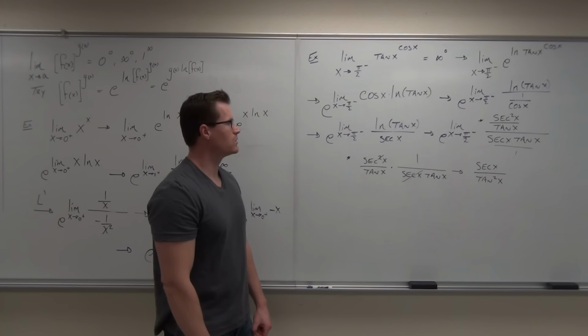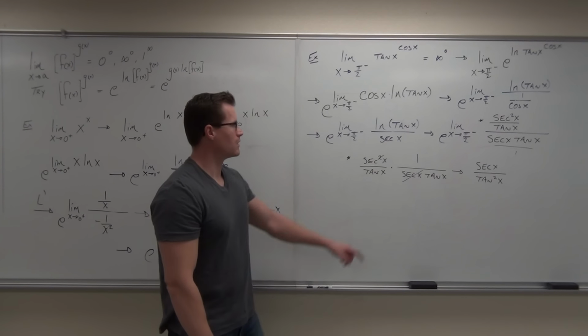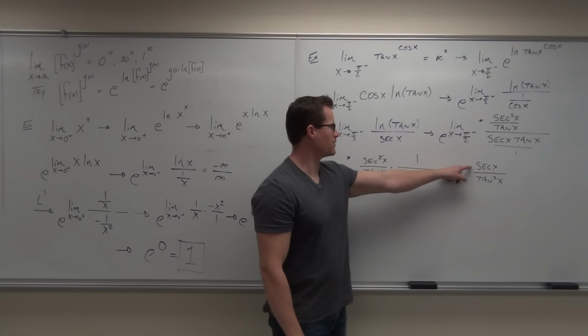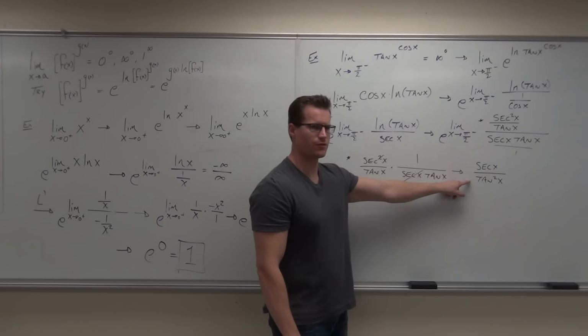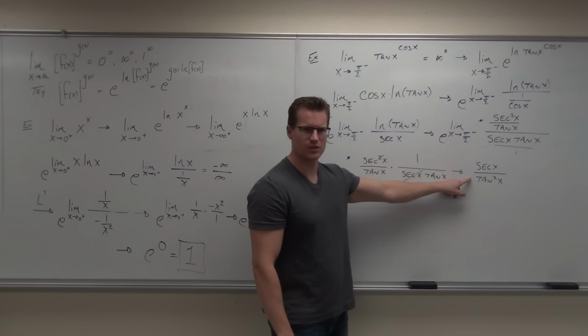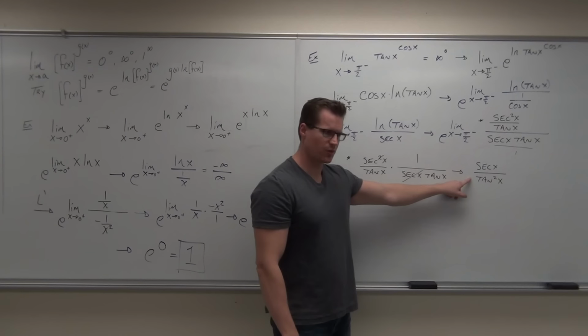If you try to do the secant x, that is going to give you infinity, isn't it? You probably could do another L'Hopital's if you wanted. However, sometimes it's worth your while. Isn't tan squared infinity also? Infinity squared is still infinity, right?